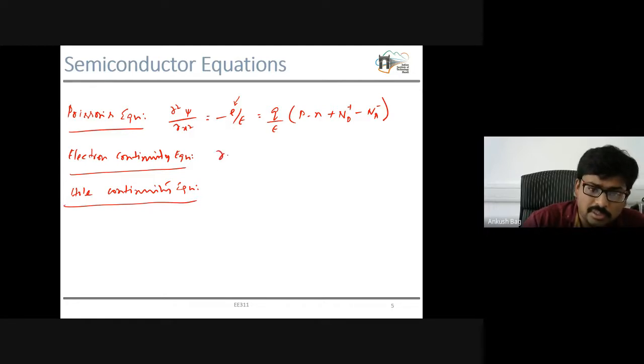It relates your electron concentration with space as well as time. How the electron carriers vary throughout your device, the spatial variation of electrons within the device and the time variation, you can calculate from this electron continuity equation.